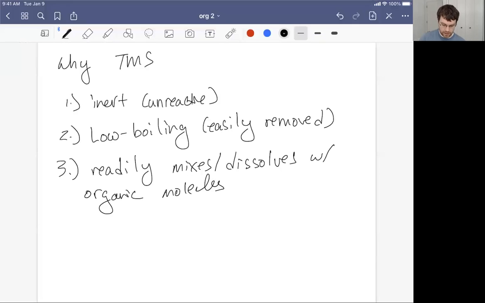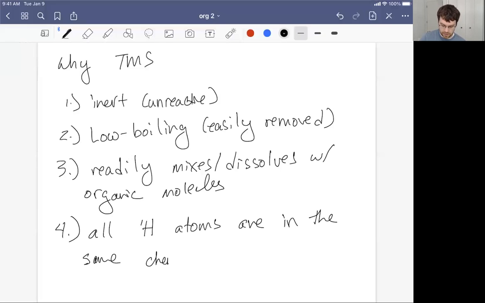Okay, and then for the purposes of NMR, a last benefit is that all 1H atoms are in the same chemical environment.